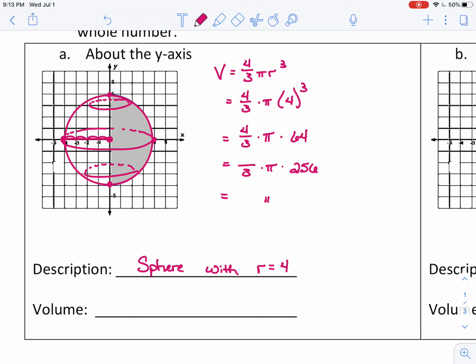So my calculator just spit out 85.3333333. And if it was in terms of pi, I would just stop and say it's about 85 pi. But it doesn't say that, so I'm going to multiply this by pi. And now I'm going to round and say it's about 268 cubic units.